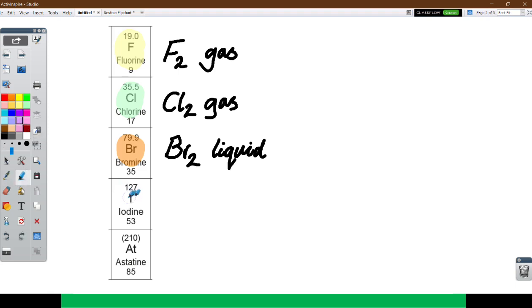Once we go down to iodine, it's a little bit difficult to pinpoint iodine's color. It's a grayish purple sort of solid at room temperature. Again, enough electrons here now for the van der Waals forces between the neighboring iodine molecules not to allow iodine to be a liquid at all, but allow it to be a solid at room temperature.